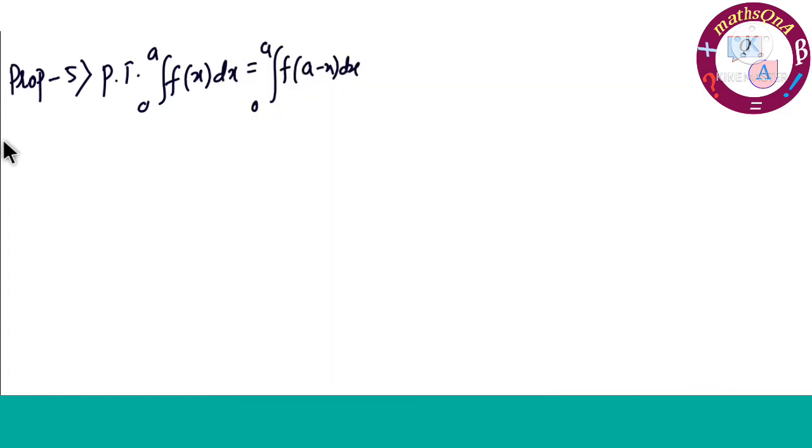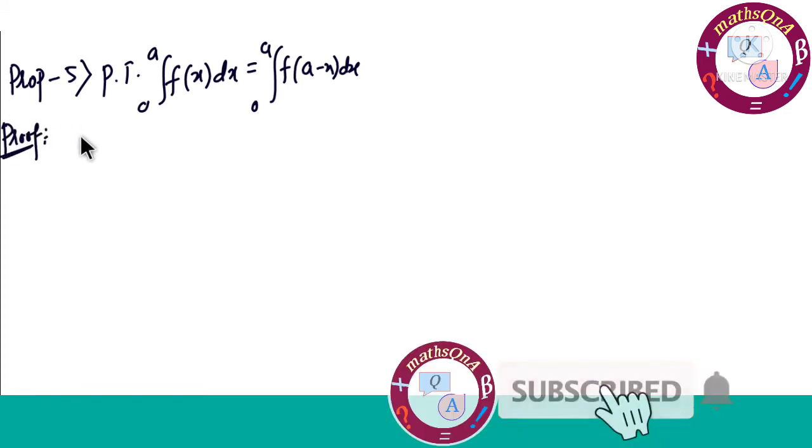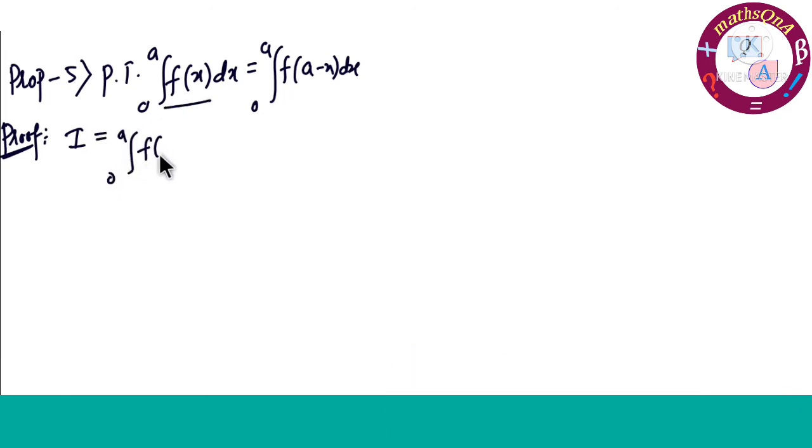So now the proof. Let us consider I is equal to this integral, that is integration of 0 to a f of x dx. Now put x is equal to a minus t.